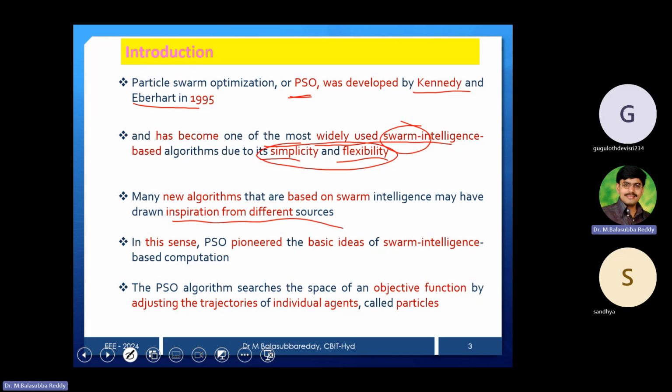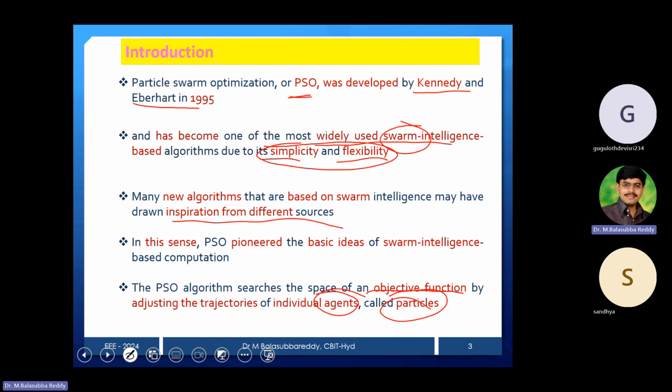The PSO algorithm searches the space of an objective function. The objective function is nothing but our goal. We need to identify the minimization or maximization, whatever it is, using the swarm intelligence technique by adjusting the trajectories of individual agents called particles.